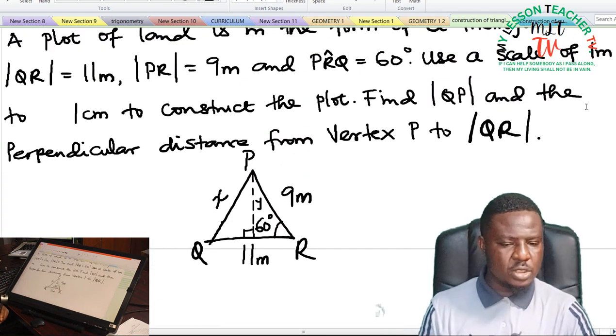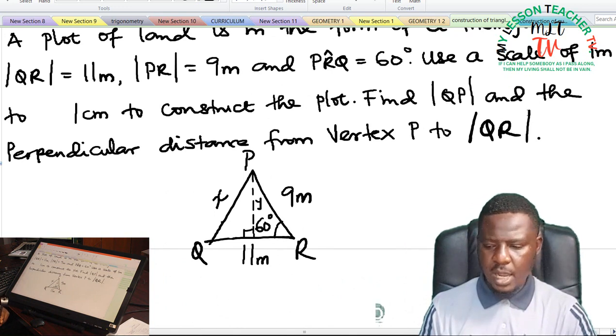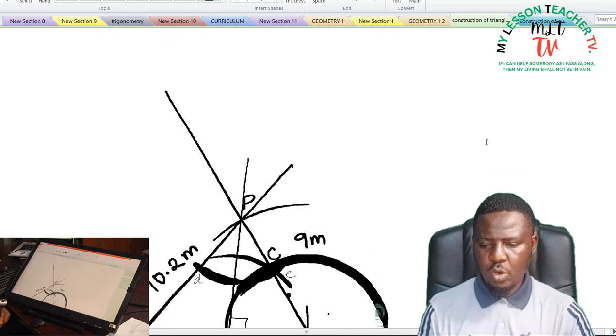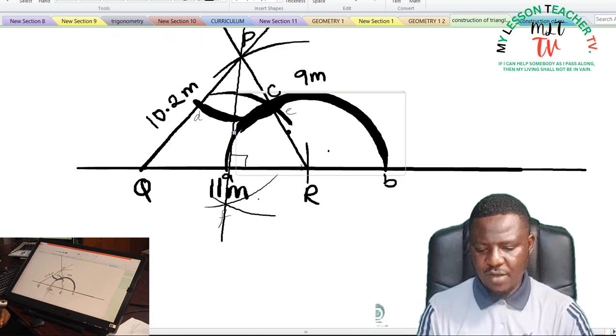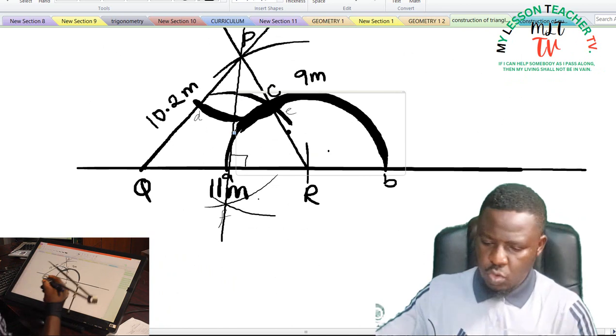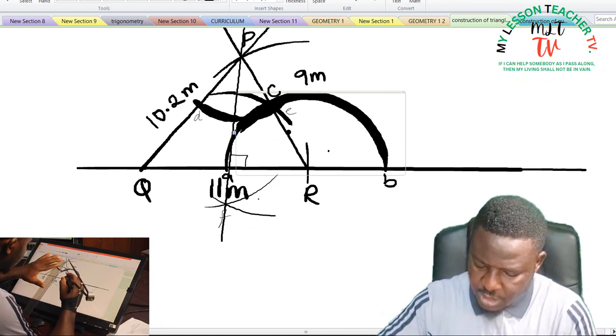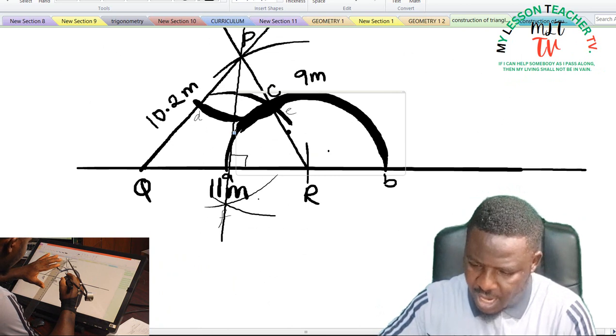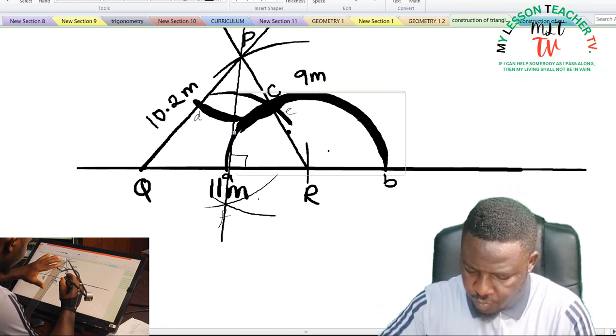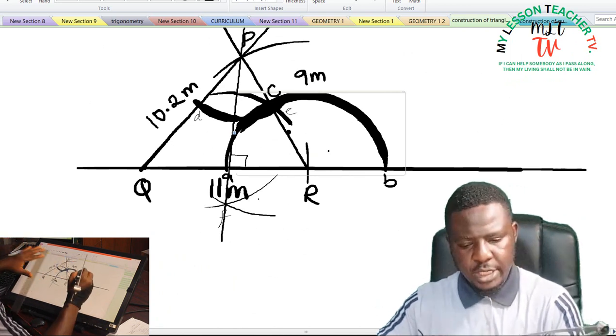And the question says we should find QP and the perpendicular distance from vertex P to QR. So we are going to measure it to get our value for Y. So with your rule, you measure the distance, and I have it to be 7.8.